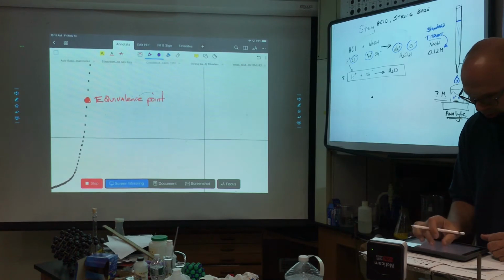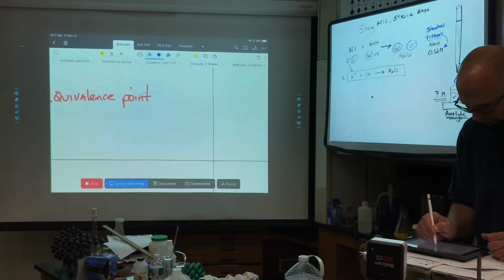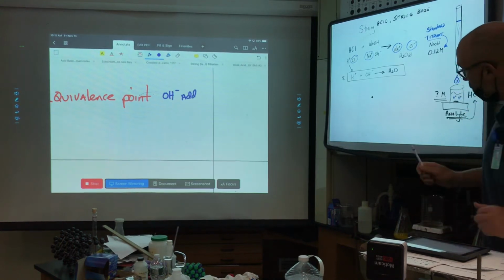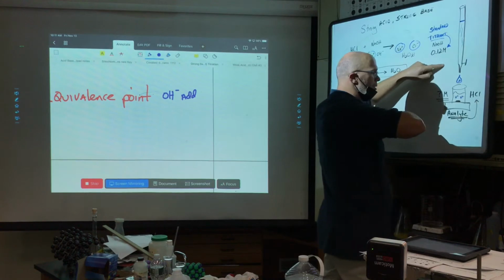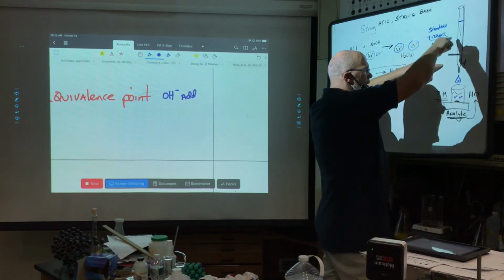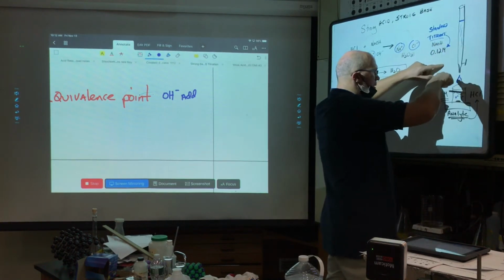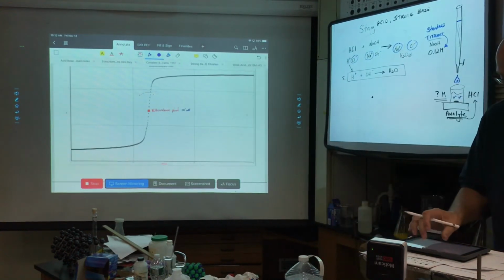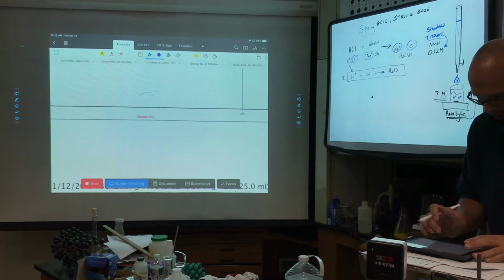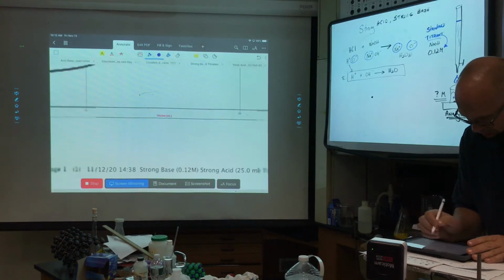That's important. This is where the hydroxides that were added. Remember, we're dropping hydroxides from an emptying device. The buret is what we're using here. And so we're measuring how much is being dropped. So remember, this y-axis, let's just put it down here nice and loud.